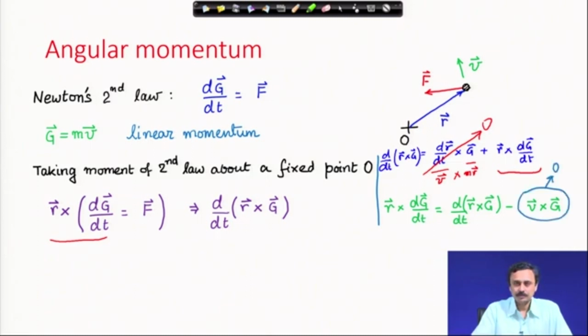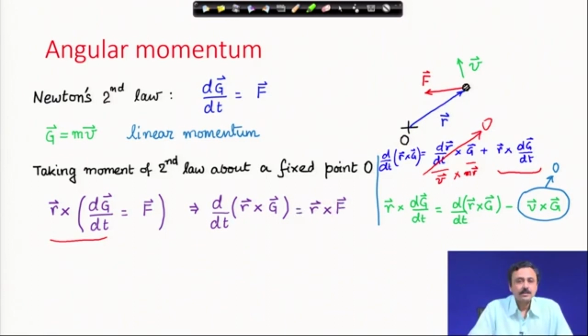Therefore, r cross rate of change of linear momentum is rate of change of moment of the linear momentum. r cross g is moment of the linear momentum. This is one part of the story, left hand side.